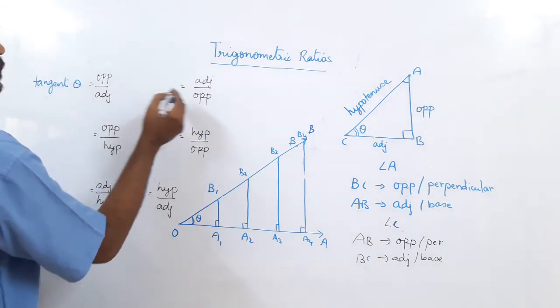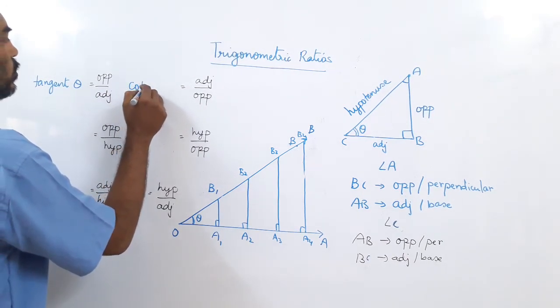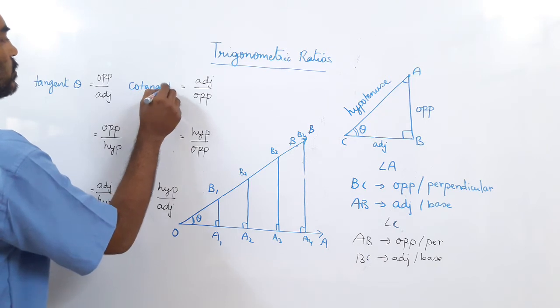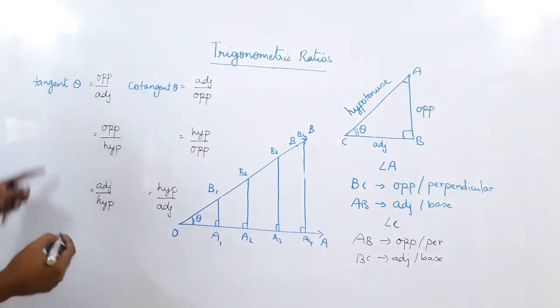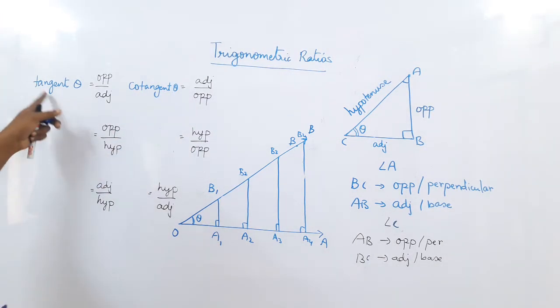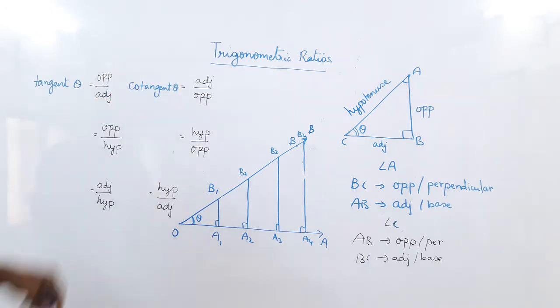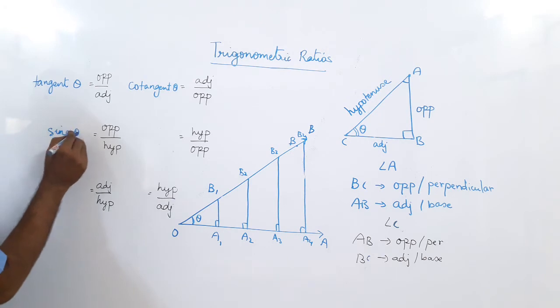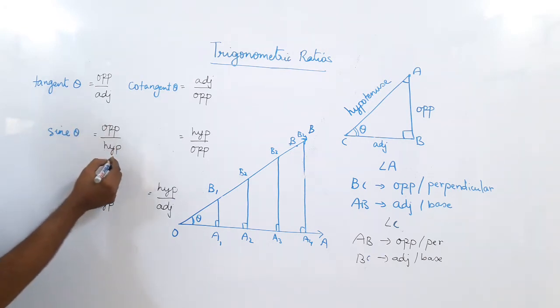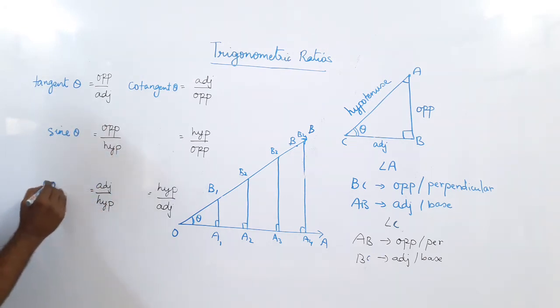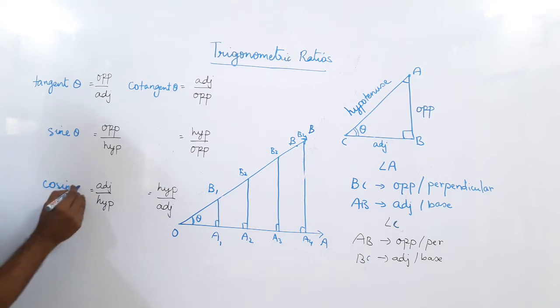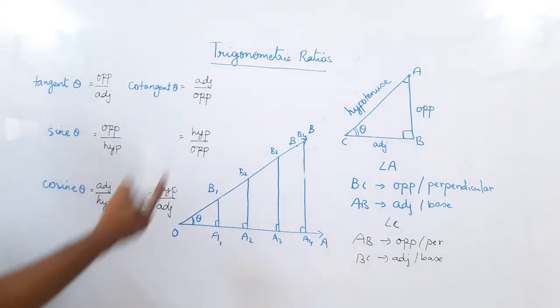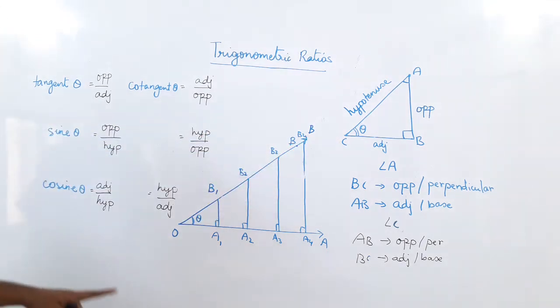So this is the reciprocal, which is called cotangent theta. We'll see how the names came, okay, later on. So tangent theta, and we have got this cotangent theta. This is called sine theta. Opposite upon hypotenuse is called sine theta. Adjacent upon hypotenuse is called cosine theta or cosine C.